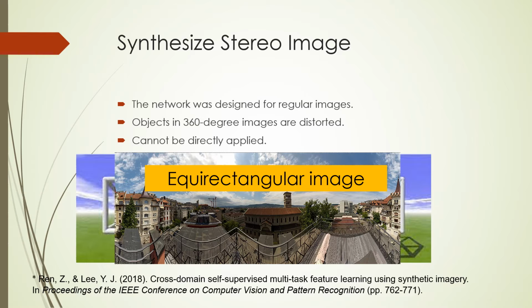And we can see in the figure, in this equirectangular form, all the objects inside the picture are distorted to some extent. Therefore, if they are directly fed to the neural network, the predicted depth information will not be accurate, and then the further synthesized stereo images will also not be accurate. Therefore, the user experience of this kind of enhanced stereo images won't be promising.